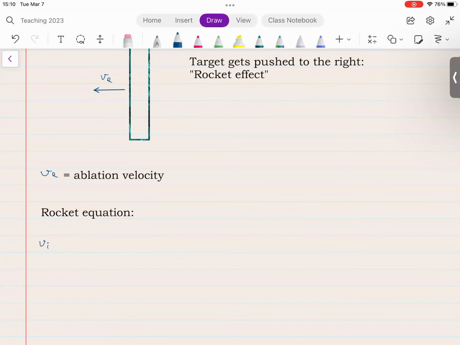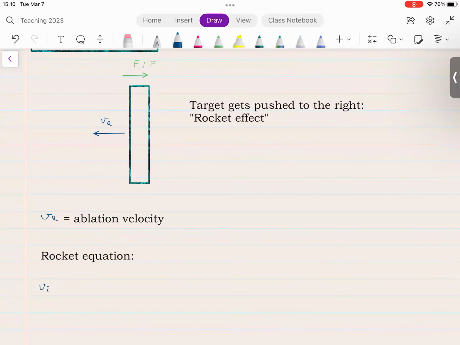My velocity in, that's going to be, let's do it in a different color. Sorry, I did not get my arrow ready. V sub I, that's velocity in, or implosion velocity, if you prefer.